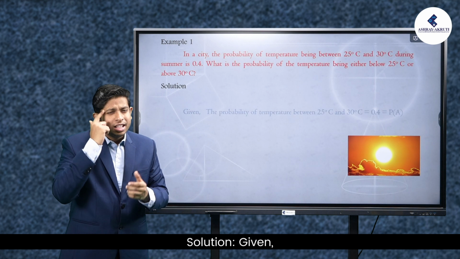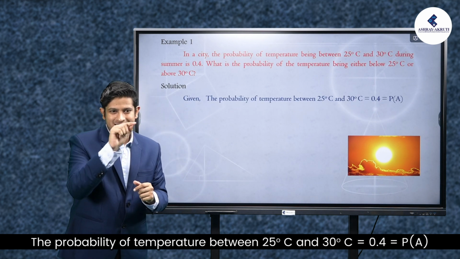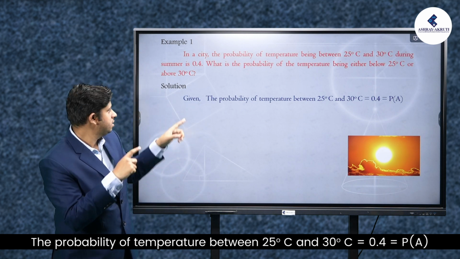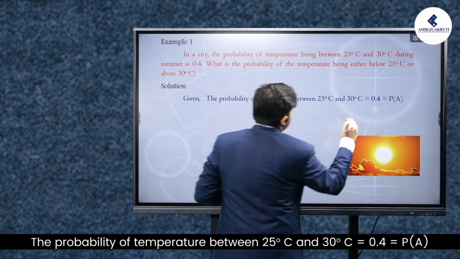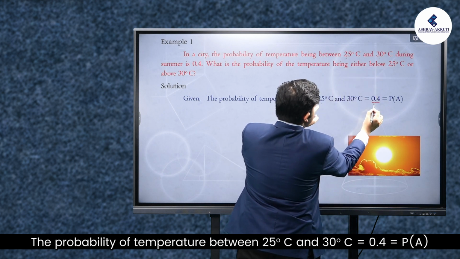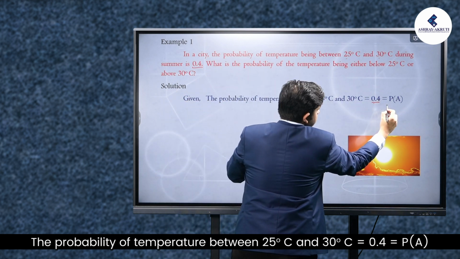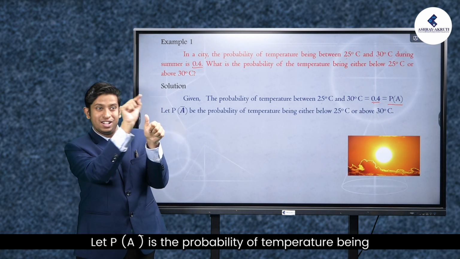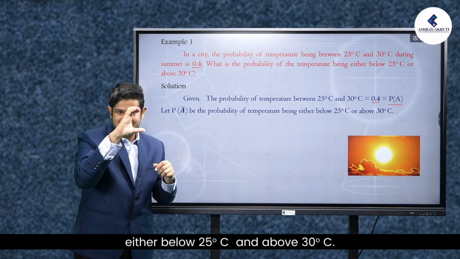Solution: given the probability of temperature between 25 degrees and 30 degrees Celsius is equal to 0.4, that is equal to P(A). Let P(A') be the probability of temperature being either below 25 degrees or above 30 degrees Celsius.